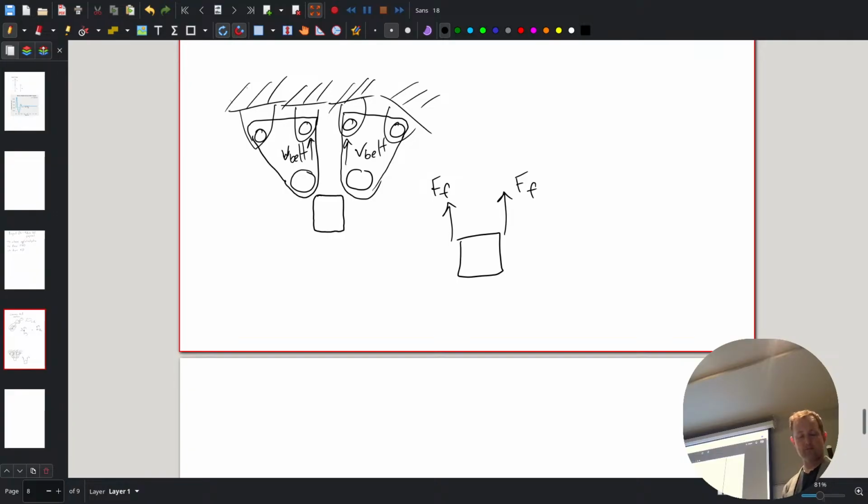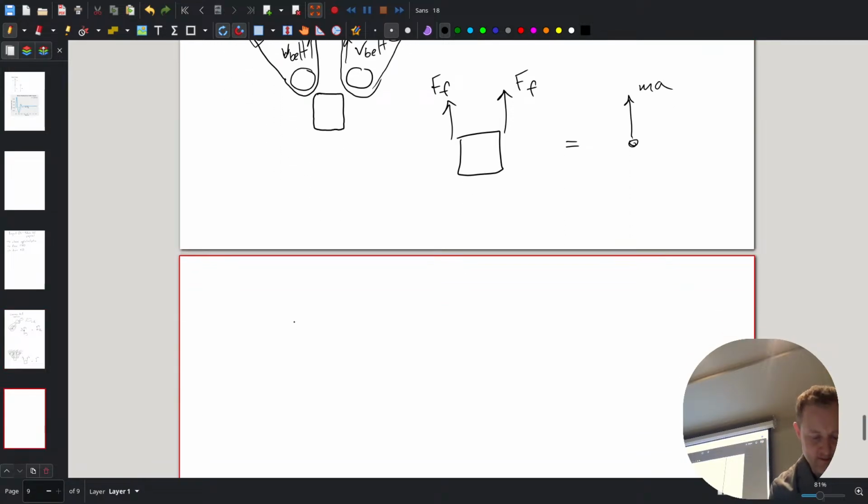Okay, cool. And then this one overall should have some kind of mass times acceleration that way. And then we have some symmetry.